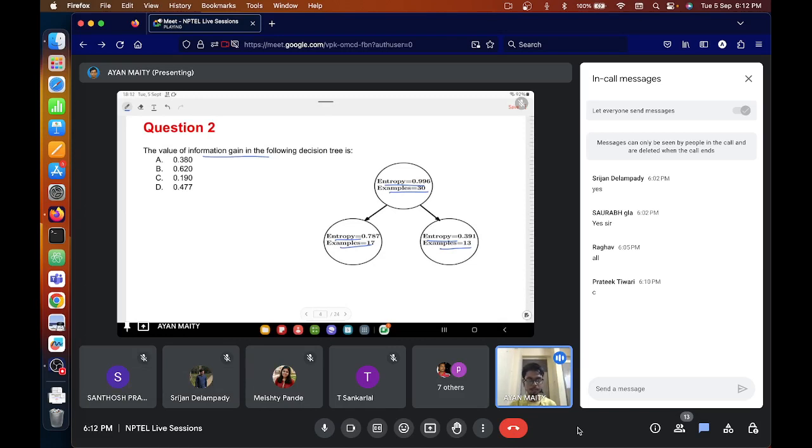I've got one answer in the chat only. Raghav is saying option A, which is 0.380.